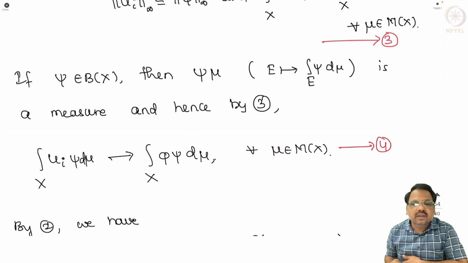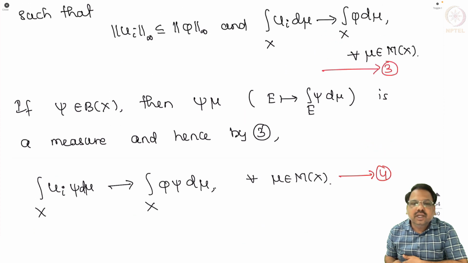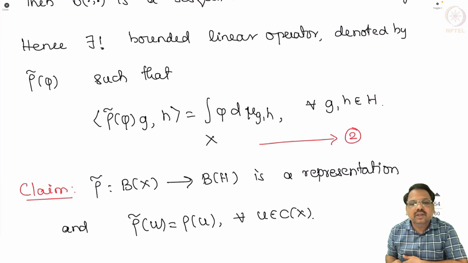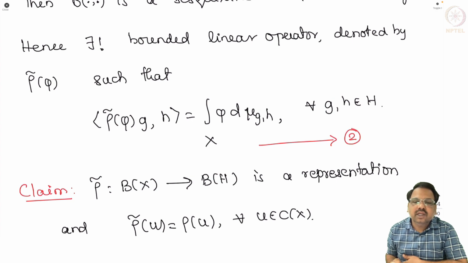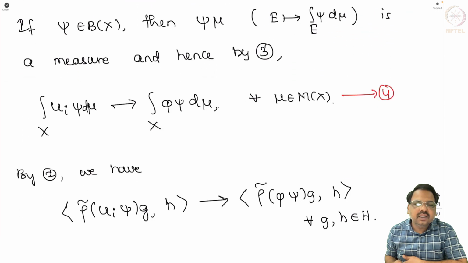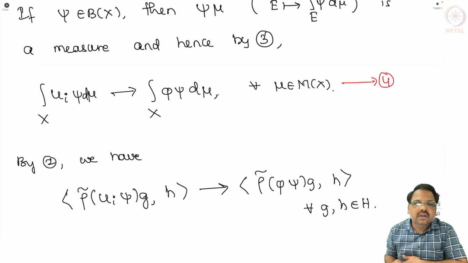Now if you look at equation 2, this is nothing but ρ̃(φ) g with inner product with h, which is the integral over X of φ dμ_{g,h}, and here we got the integral of u_i ψ dμ converging to the integral of φψ dμ.